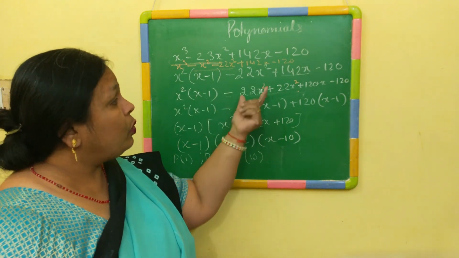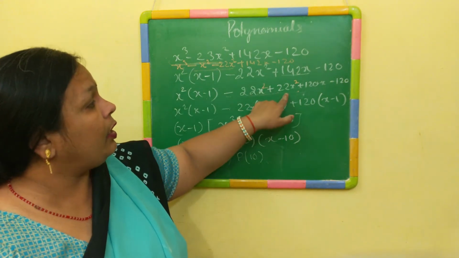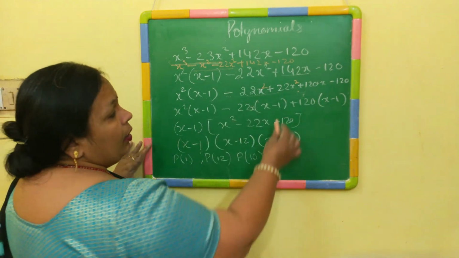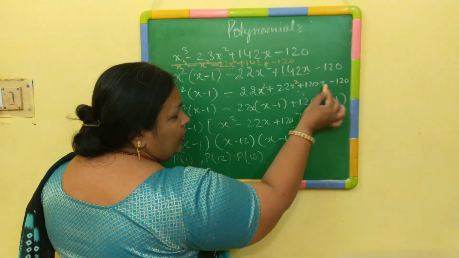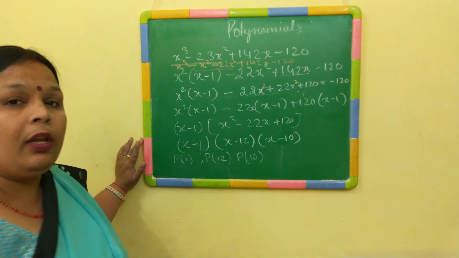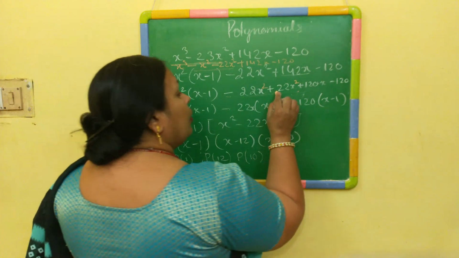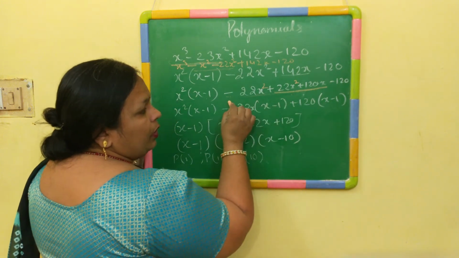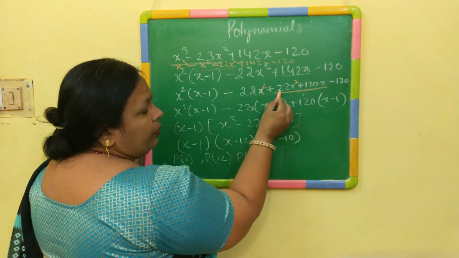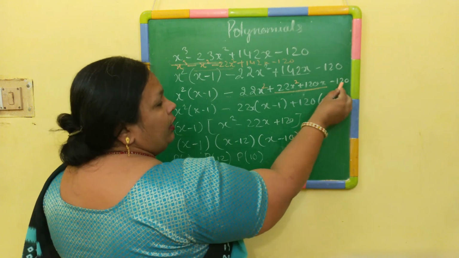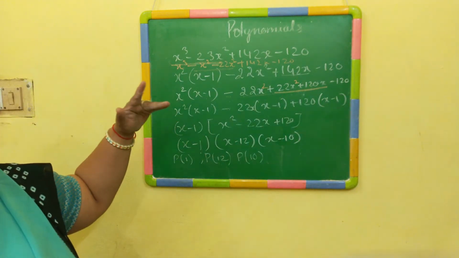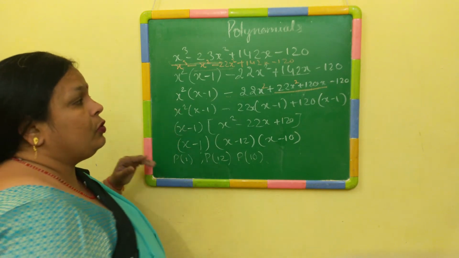So 22x is balanced by adding 22x here plus 22x square, and in the same way minus 120 is balanced by adding 120x here. Now this is the addition work which we are doing. We are balancing the equation by adding the additive inverse of this and additive inverse of this. So we are not changing the value, we have just made it easier for the solution.